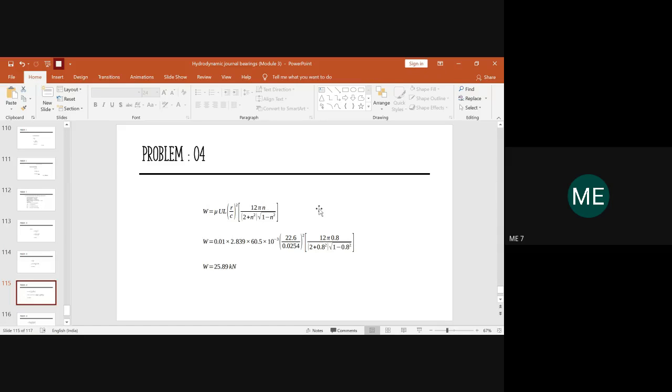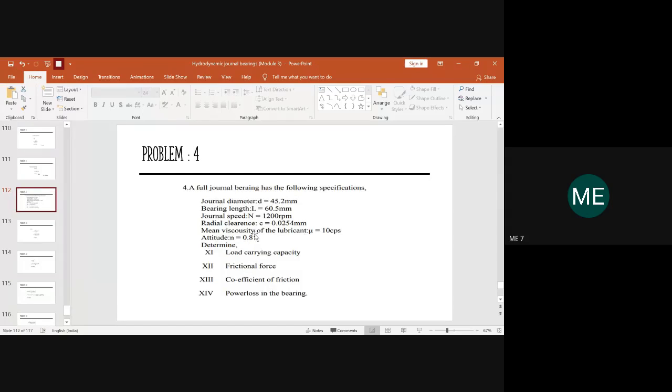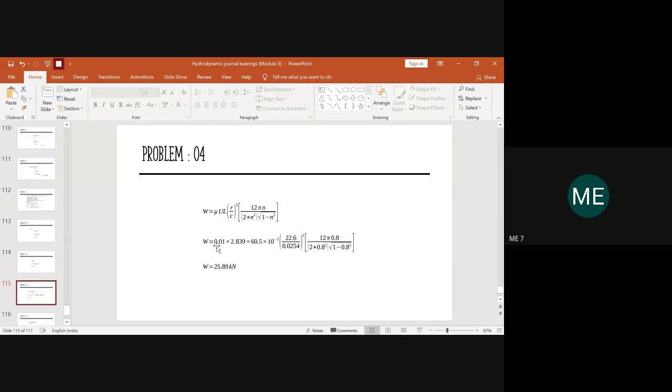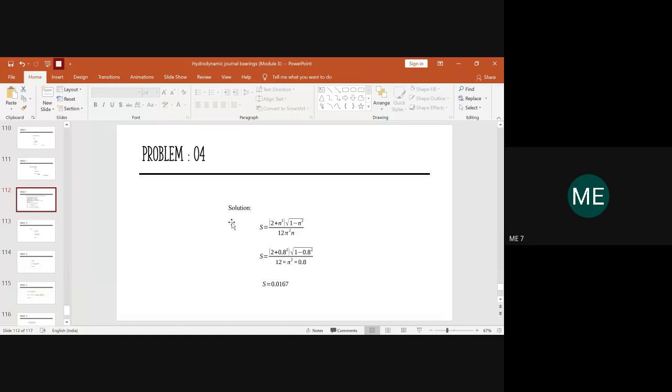Load bearing capacity value, you know. This is the equation we usually follow, and here the mean viscosity of the lubricant is given as 10 centipoise. So convert that into Pascal second. It will be equal to 0.01. And the speed with which it has been revolving, you need to calculate the value of u. u gets changed now. What is the value of u here?